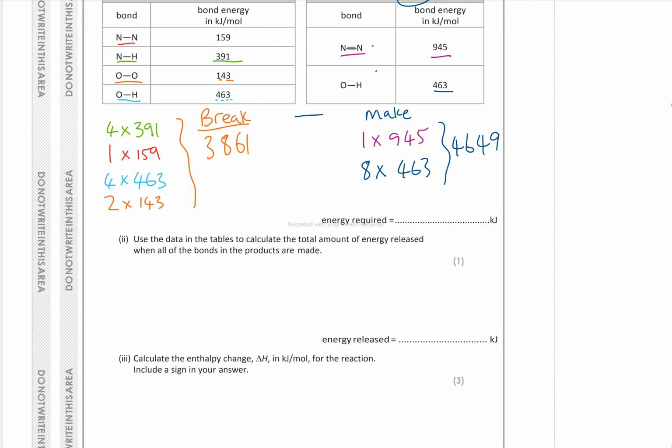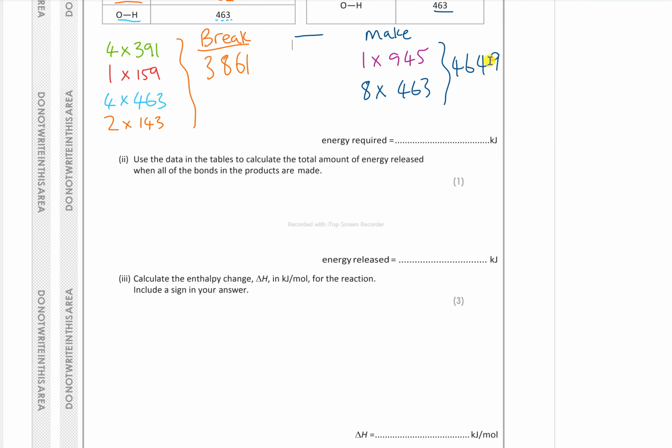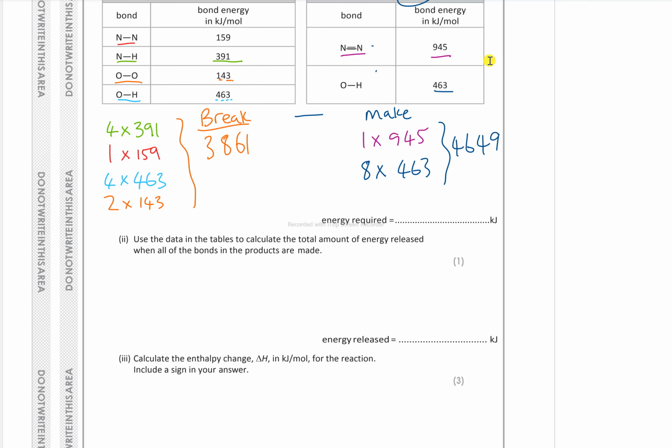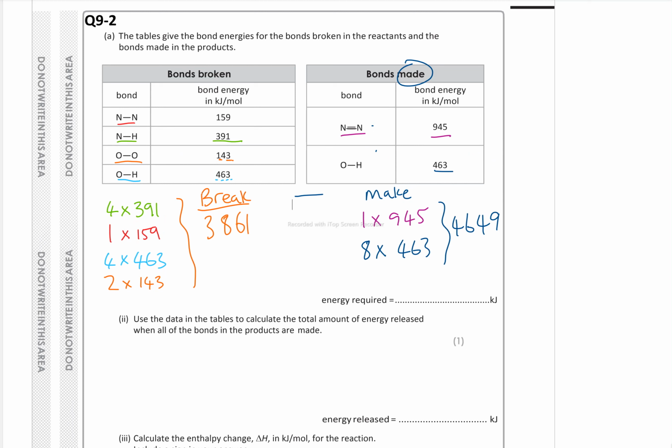Right, let's work it out. 4649 minus 3861 gives 788.